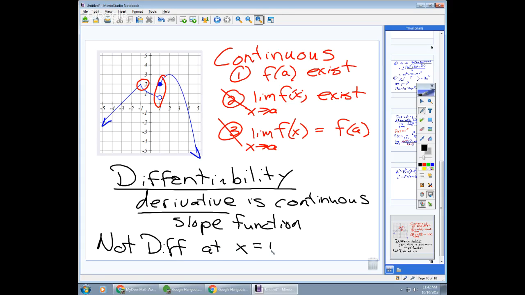So for sure, this particular function is not differentiable at x equals 1. The question is, are there any other points of concern here where it could be not differentiable? At -1, we have that pointy thing. Let's look at that. What does the slope appear to be on this side? It looks like it's about 1.